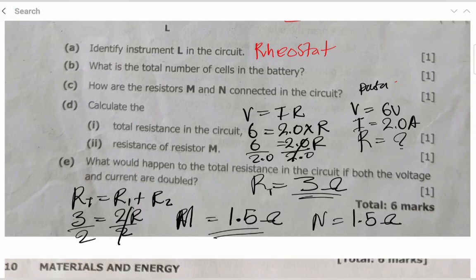The reason to justify that answer: even if voltage and current are doubled, the resistance does not change because the resistance depends on the ratio of the voltage to the current. So the resistance will remain the same.